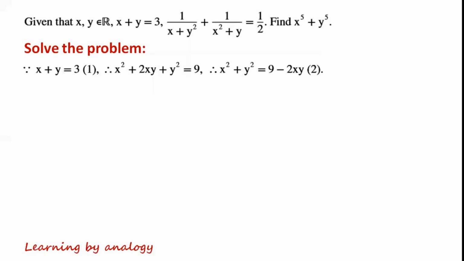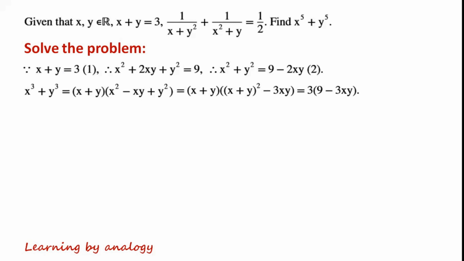By rearranging this equation, we have x squared plus y squared equals 9 minus 2xy. x cubed plus y cubed can be written as (x plus y) times (x squared minus xy plus y squared), which can be written as (x plus y) times ((x plus y) squared minus 3xy), which equals 3 times (9 minus 3xy).